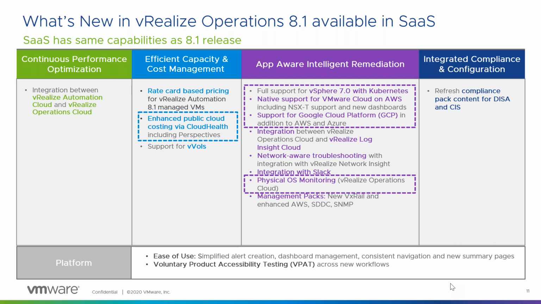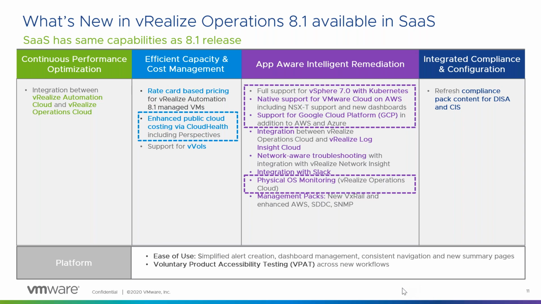Now, a couple of things to note on the physical OS monitoring. The reason we have that highlighted is because that is a capability that our vRealize Operations Cloud customers will get at initial availability that won't be available on-prem just yet.